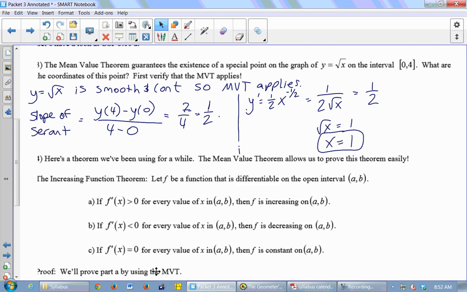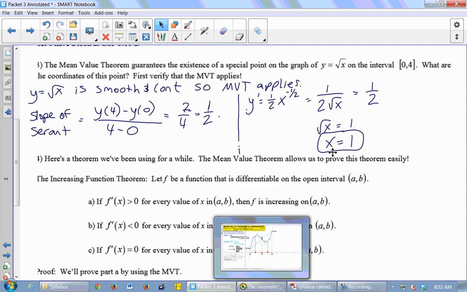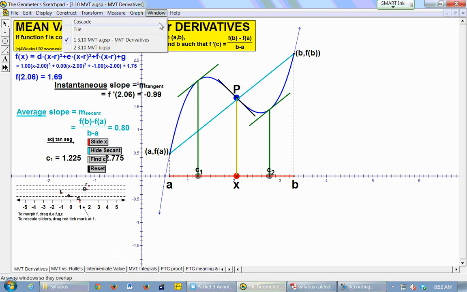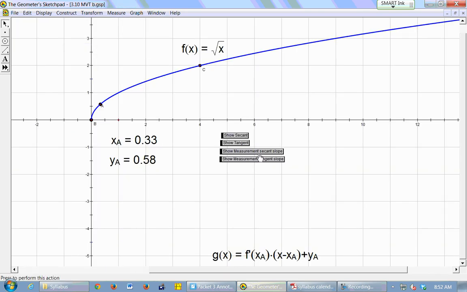Let's take a quick look at Geometers Sketchpad just to verify that this is the special point. Okay, here's square root x. I'm going to show the secant line from 0 to 4. And then here's my tangent line at point A. And I'm just going to drag this point until it looks like it's parallel to the secant line.